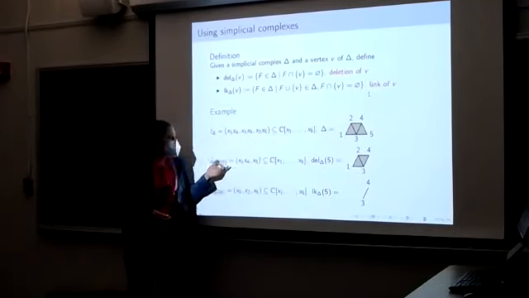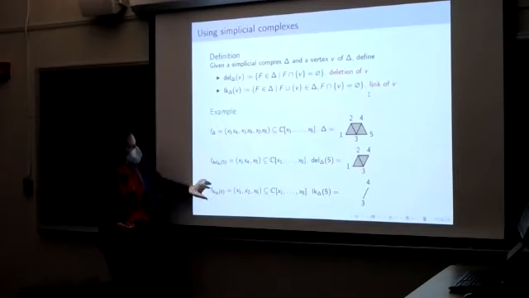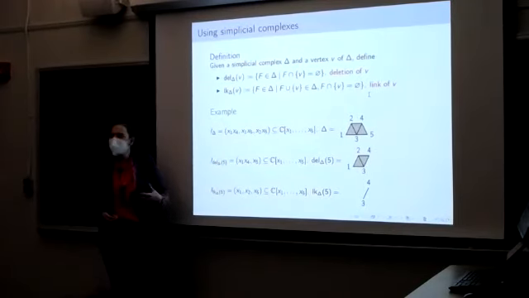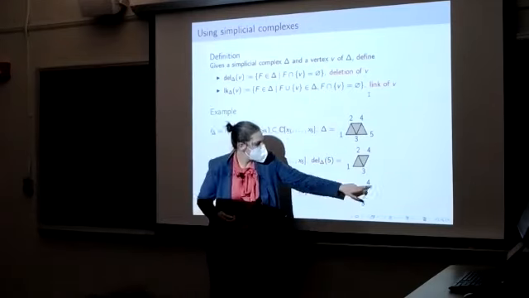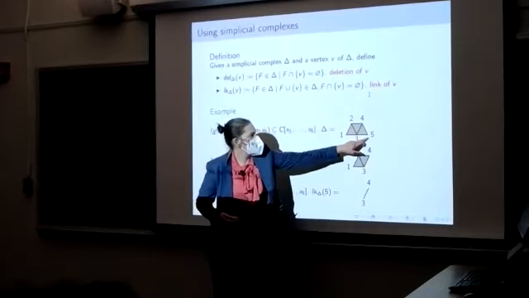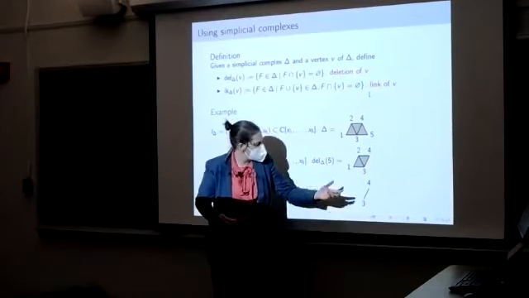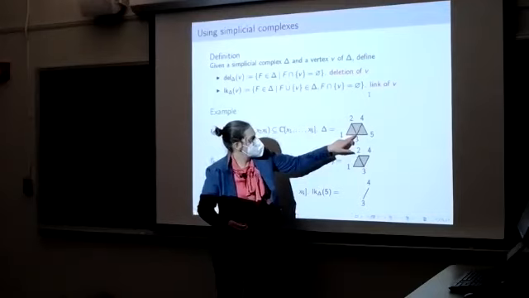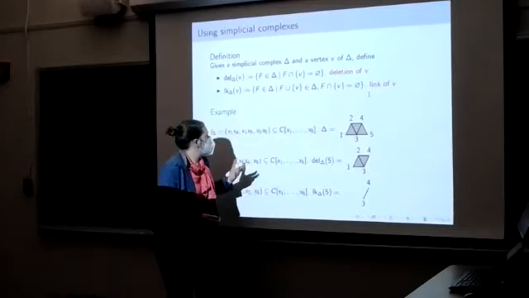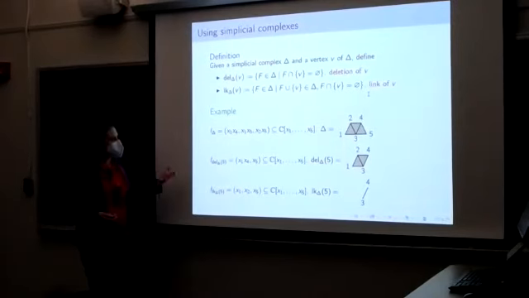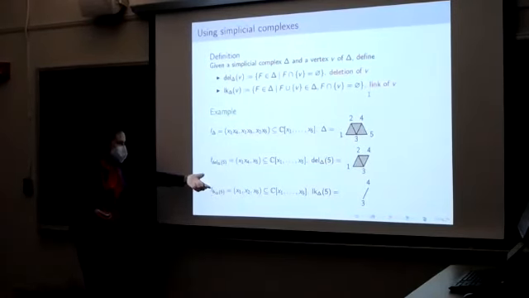The link is a little bit harder. The link is everything that can join up with 5 to make a face. So 3, 4 is in here because 3, 4, 5 is a face of my original complex. 3 is in here because 3, 5 is a face of my original complex. And on the algebra side, what we're doing is, this is a colon ideal, if you like colon ideals.